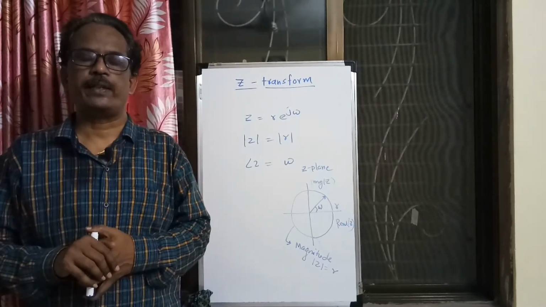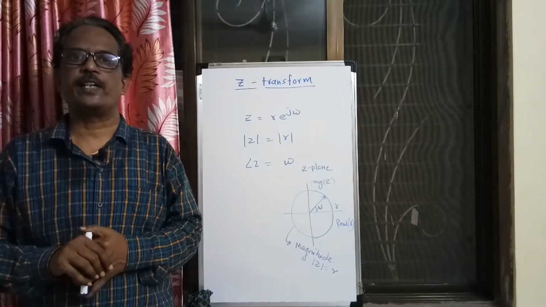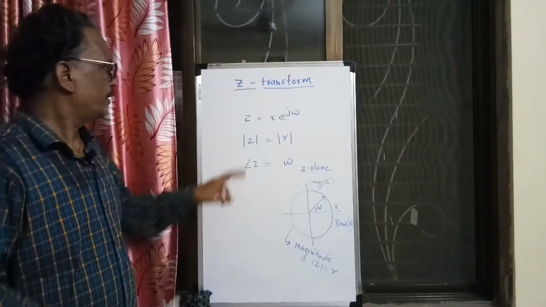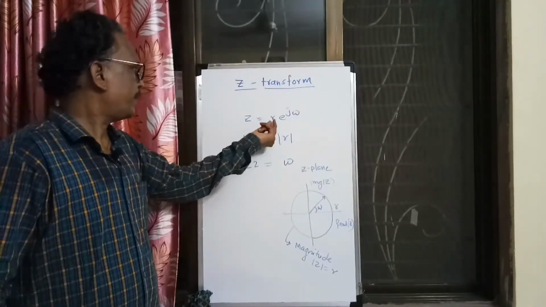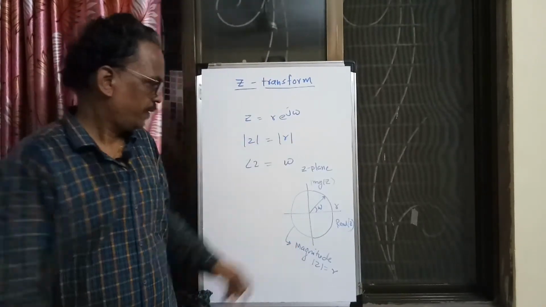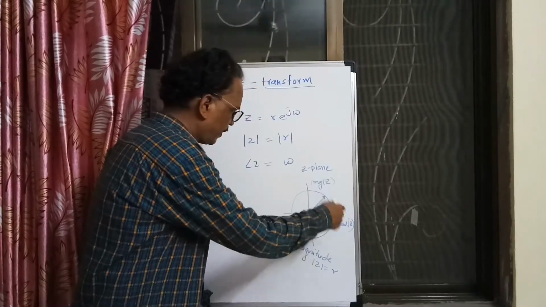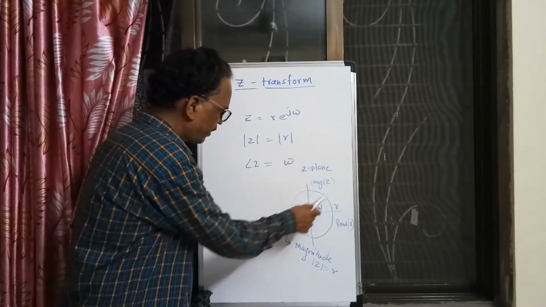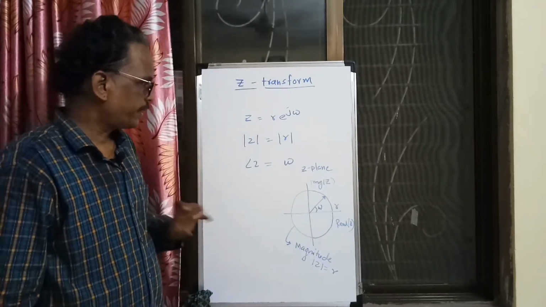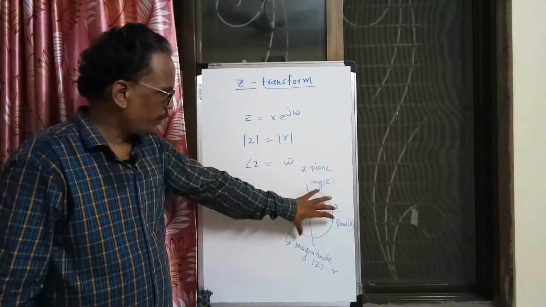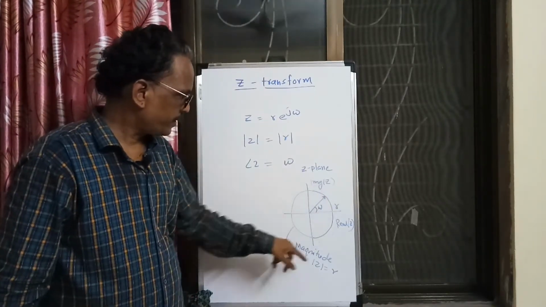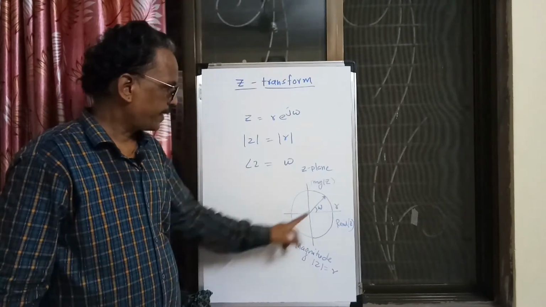When we plot this in the z plane, mod of z is nothing but mod of r times mod of e to the power j theta, so mod of z equals mod of r. This is a circle of radius r, and omega is the angle it makes with the x-axis. So if you plot its magnitude and its angle, it is a circle of radius r and angle is theta.